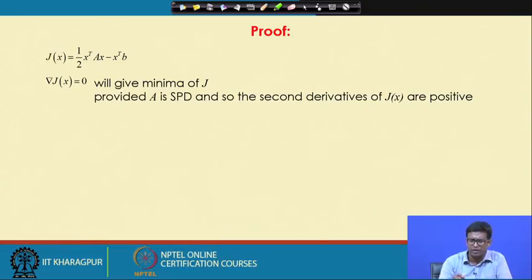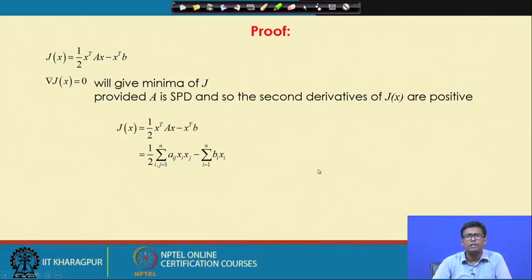So, at least if A is positive definite, the second derivative of J(x), so nabla square J, will be positive, and we will see it later. So, if the gradient of J is equal to 0 and A is a positive definite matrix, then this will indicate the minima of J(x).